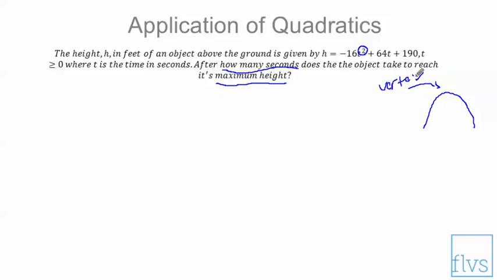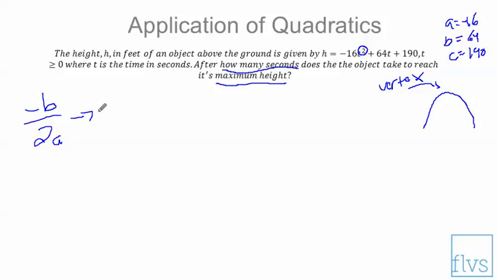Okay, there are a couple ways you can do it. You can do completing the square and put this in vertex form, or if it's in standard form, I like to just go ahead and do our axis of symmetry method. So remember, axis of symmetry is negative b over 2a. So in this case, my a is negative 16, my b is 64, and my c is 190.